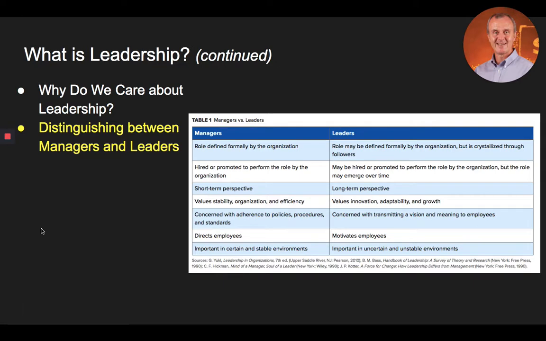Now, let's take a few moments to distinguish between managers and leaders. To most people, the terms leadership and management may seem to be synonymous. However, as you can see in Table 1 displayed on your screen, these two terms are definitely not the same.